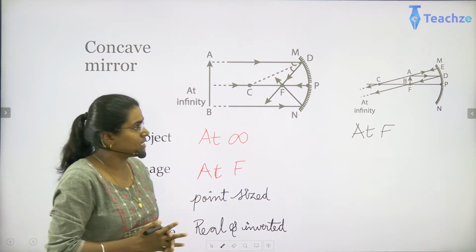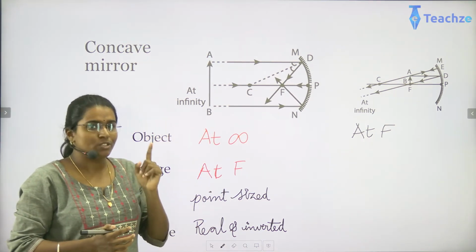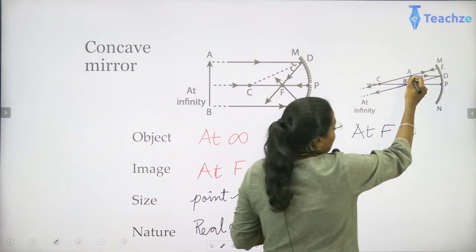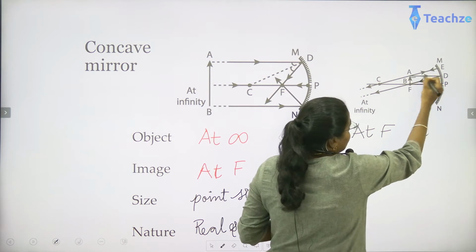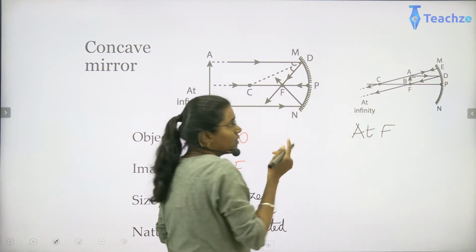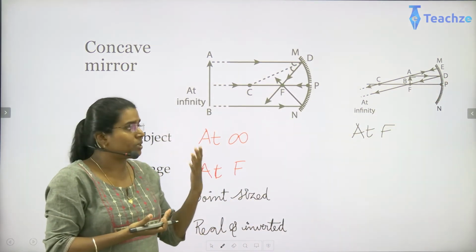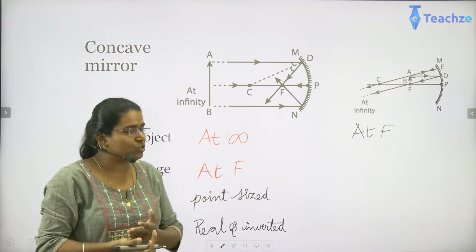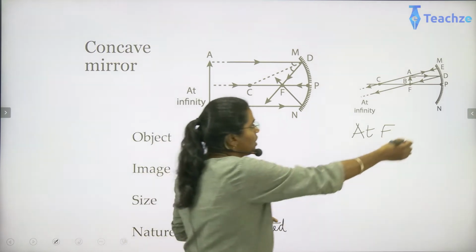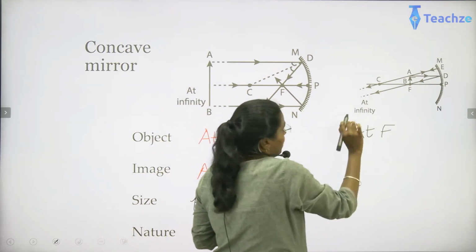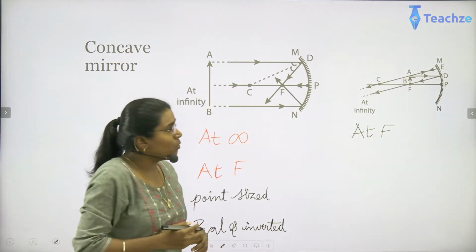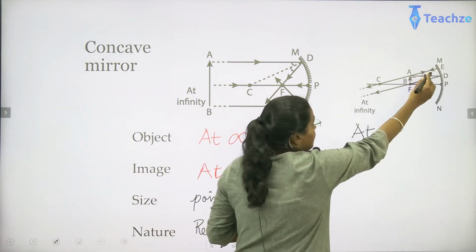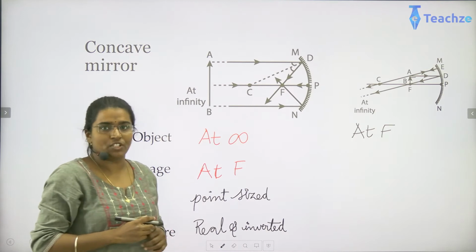One is parallel to the principal axis, and after going parallel, the reflected ray will come through F. And there is one more going through C, passing through the center of curvature.